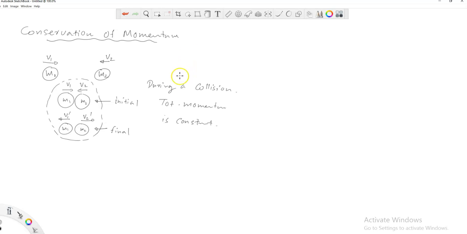So coming back to the point, during a collision, the total momentum of the system is a constant. That means, what is the final momentum? M1 V1 dash plus M2 V2 dash, which equals M1 V1 plus M2 V2.